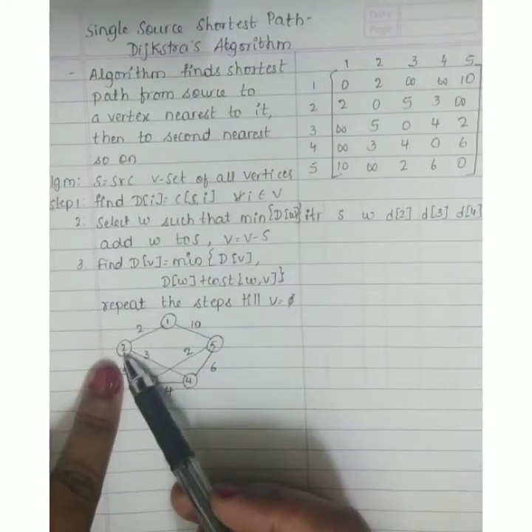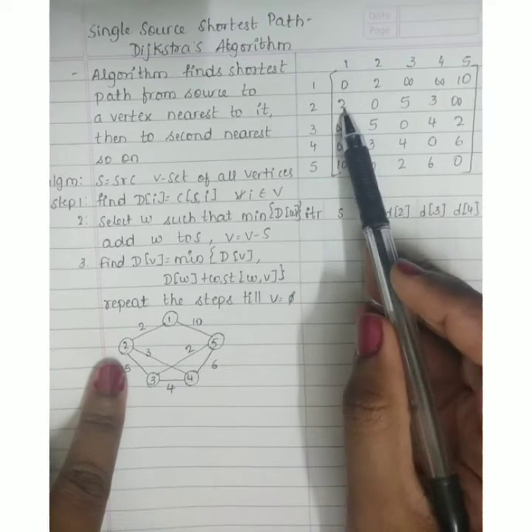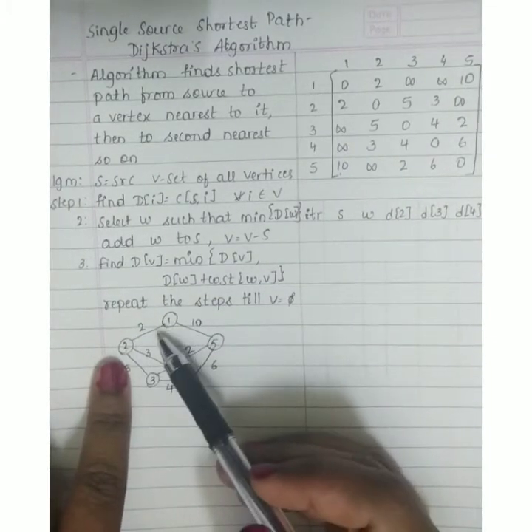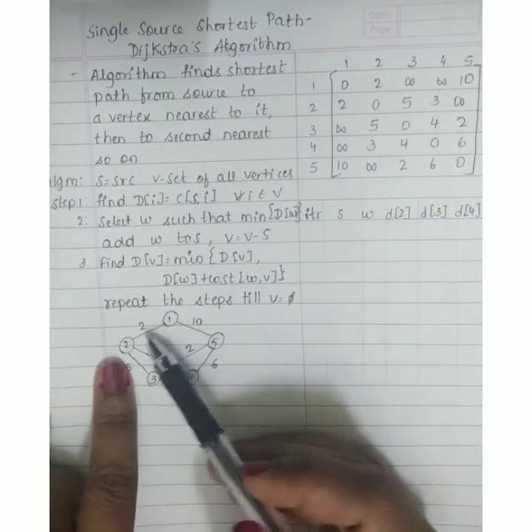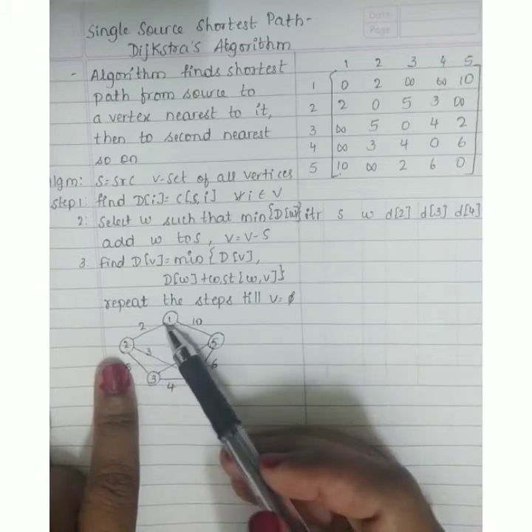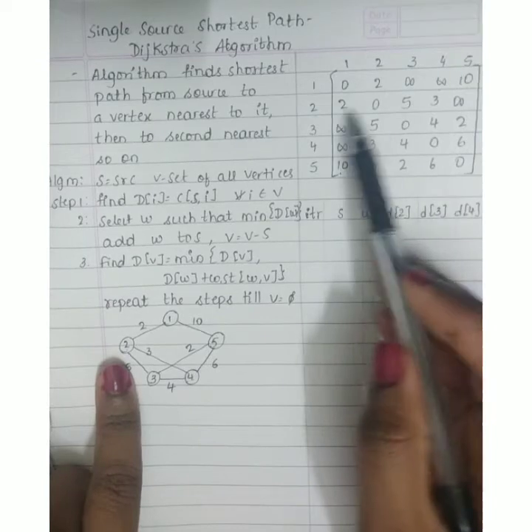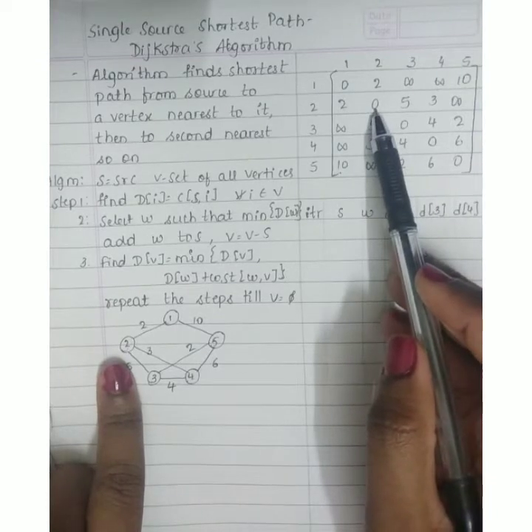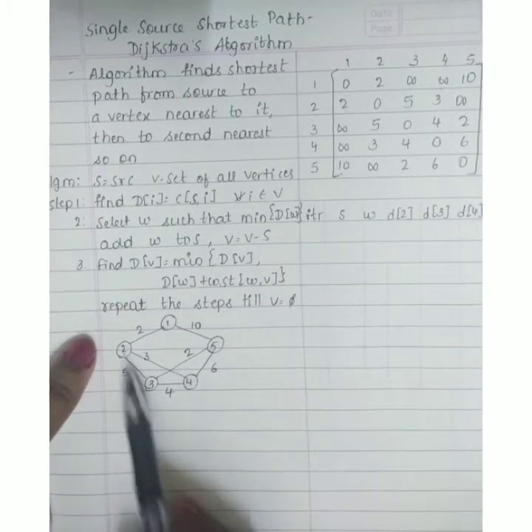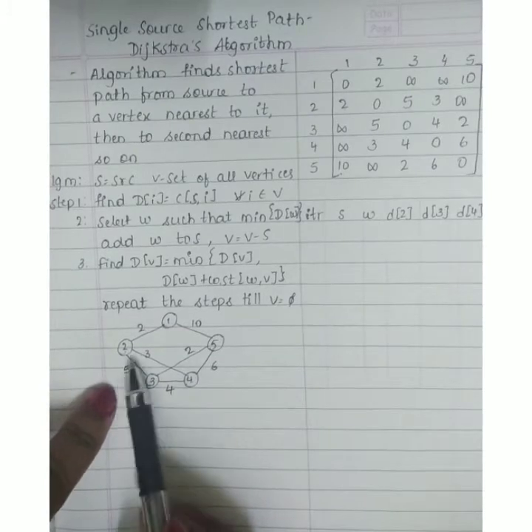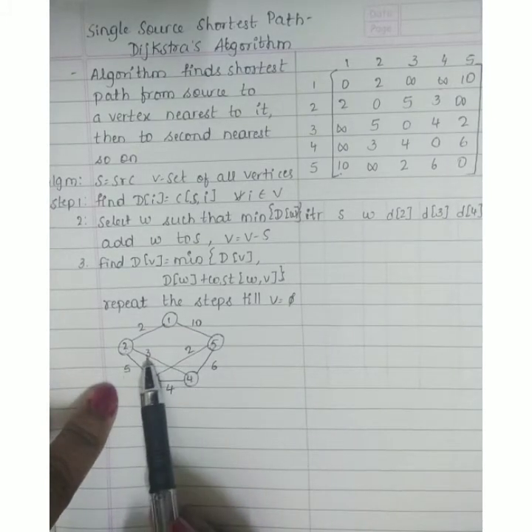Again, from 2 to 1, because it is an undirected graph, the distance from 1 to 2 is the same as the distance from 2 to 1. So the distance from 2 to 1 is 2. The node to itself is 0. From 2 to 3, the distance is 5. From 2 to 4, the distance is 3.